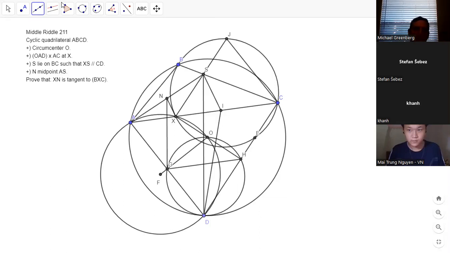So basically we want to show X has the same power with respect to this circle and the whole circle.